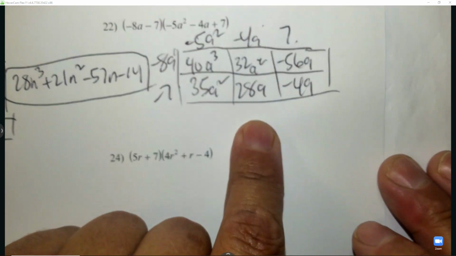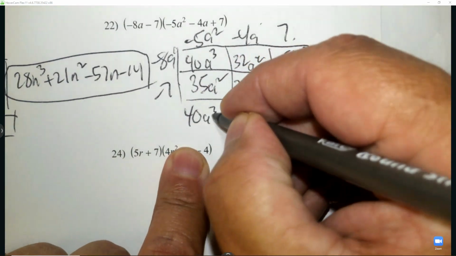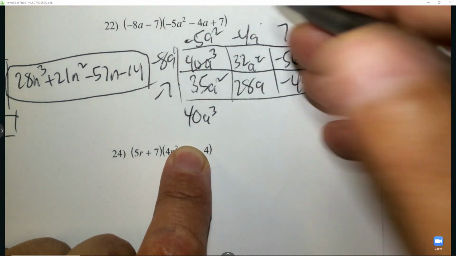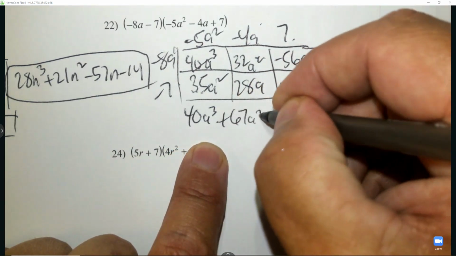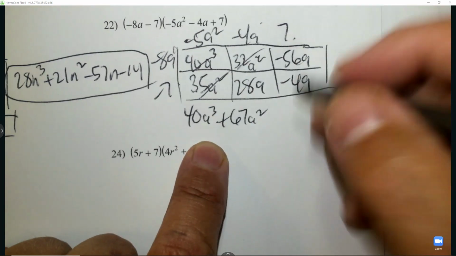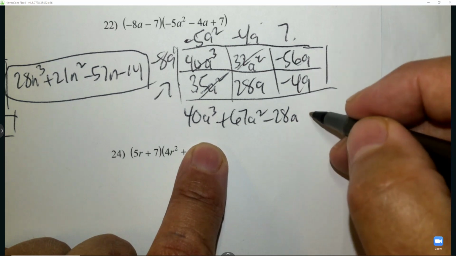So check, did you get each square correct and combine like terms? So you have 40a cubed, 35 and 32, right? 67. Subtract these. 56 take away 28, that's 28. It's in half. And it's negative and then negative 49.